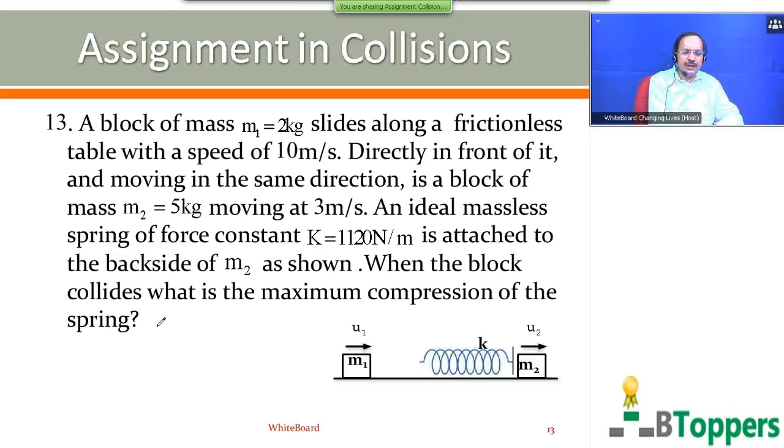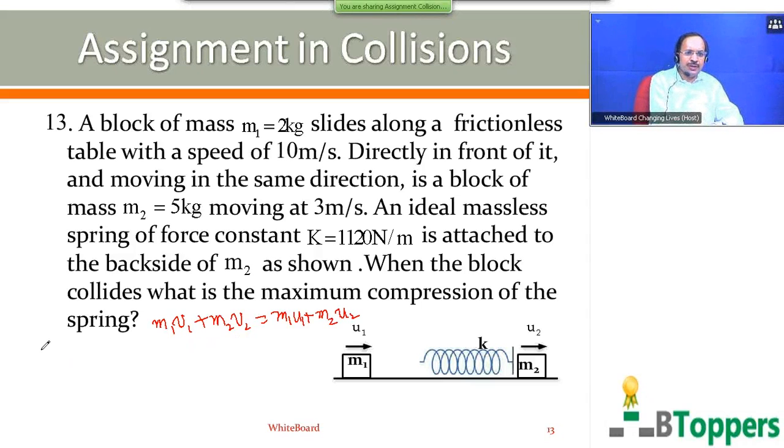So applying conservation of linear momentum, if V1 and V2 are the velocities of the two blocks at a later instant after collision, then the total momentum of the system of the two blocks at a later instant after collision can be written as the total momentum of the two blocks before the collision. So U1 and U2 are the velocities just before collision, and V1 and V2 are the velocities at a later instant after collision.